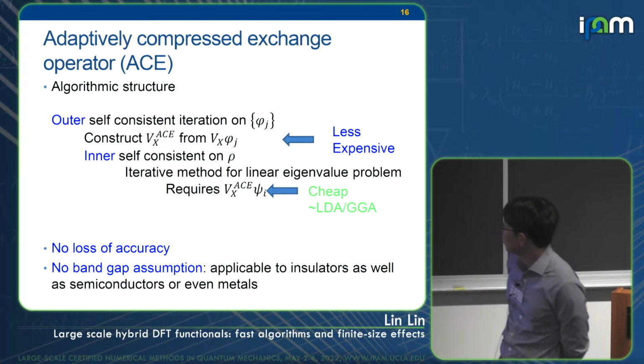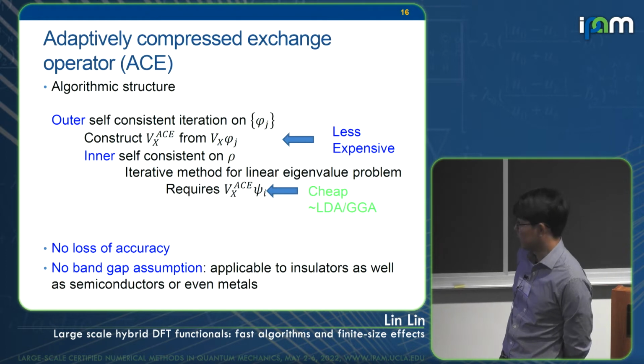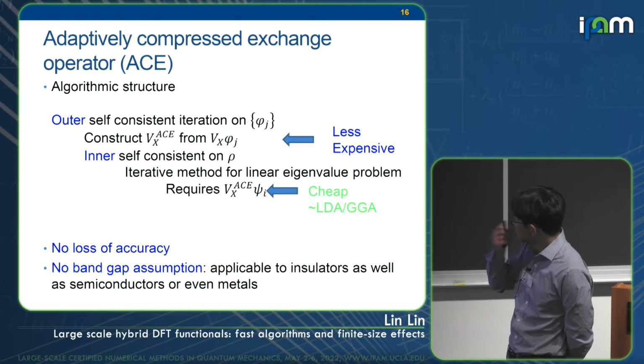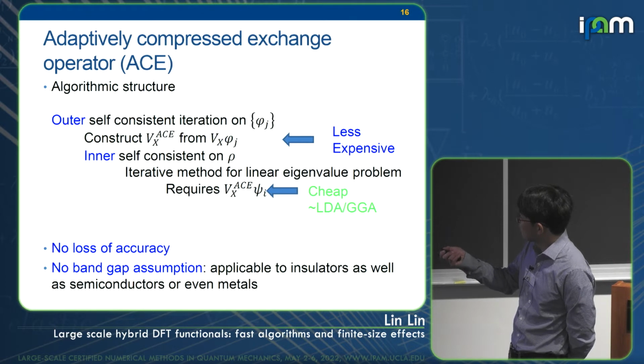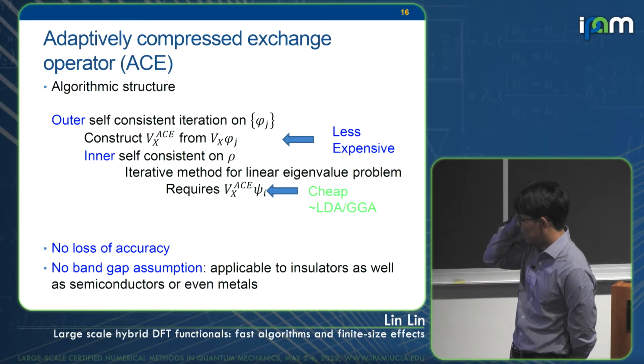Okay, so how are you going to use this? The idea is that you apply the outer iteration, a self-consistent iteration on the occupied orbitals. You apply the Fock exchange operator to these orbitals. You follow the recipe to get this Vx-ACE.